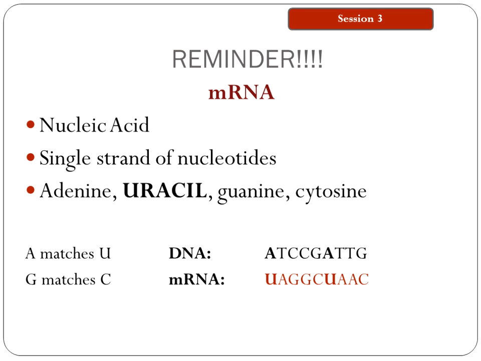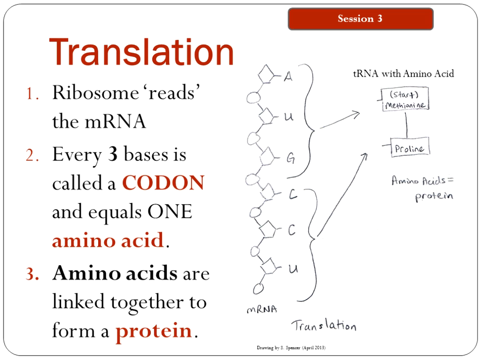The second step is called translation. Translation is at the ribosome, and this is where the ribosome reads the code on the messenger RNA and translates it into the building blocks of proteins, which are amino acids.